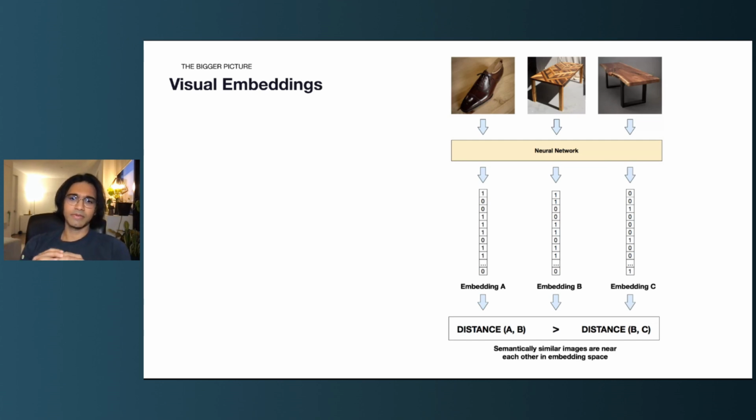For example, you want the embedding distance between the shoe and the table to be higher than that of the two tables. The distance measure can be any common metric like the Euclidean distance or cosine similarity or something like that. This is how you would build a visual search based product, by fetching the nearest neighbors based on the distance for any given query image on a given corpus of images.